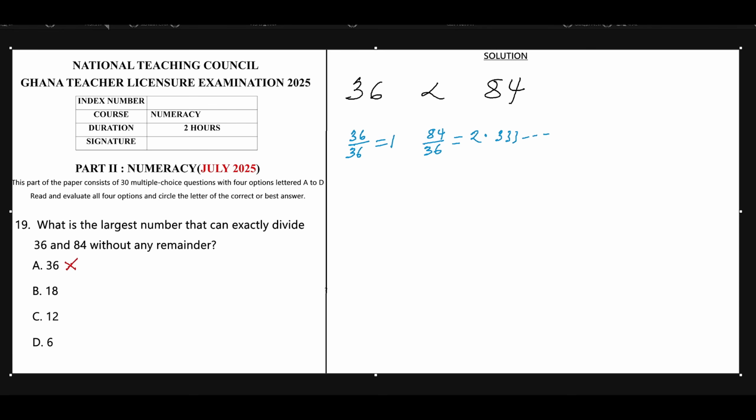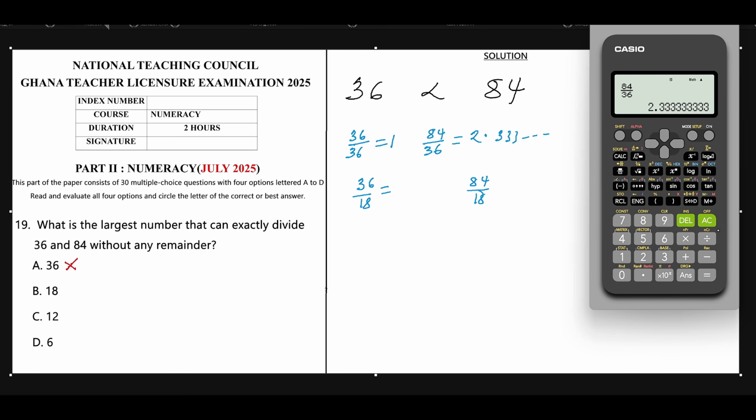Let's also verify option B. Option B, we have 18. We are going to divide 36 by 18 and also 84 by 18. Let's verify the results. 36 divided by 18 is 2.